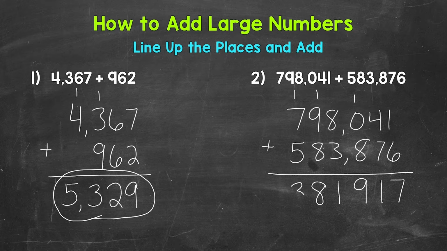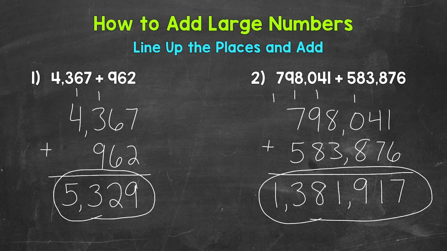So put the 3 in the 100,000s place and then carry the 1 over to the millions place. And we can bring that 1 straight down since there isn't anything else in the millions place. Now we can place the commas in our final answer and we end up with 1,381,917. So there's how we add.